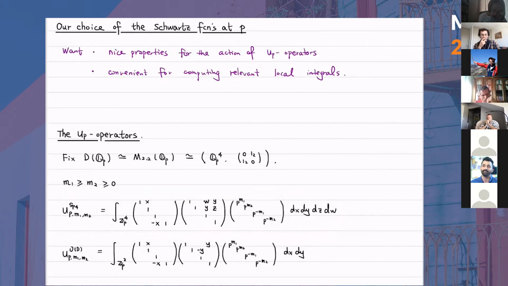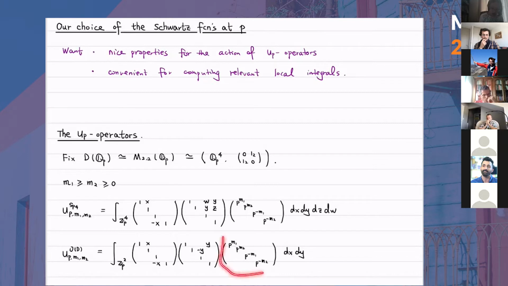So the UP operators on SP4 is given like this. That means first I'm going to act by a matrix with the powers of P along the diagonal, and then I'm going to take the average over the unipotent. I write it as an integral, but when you act on a basic form, when there is a level, then it's going to be a finite sum. And also the UP operators for the orthogonal group are defined similarly.